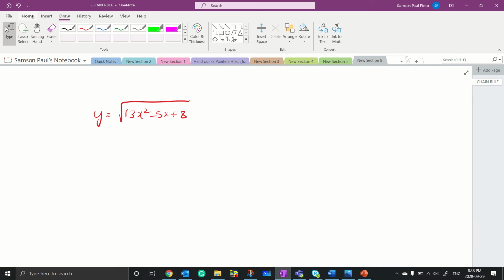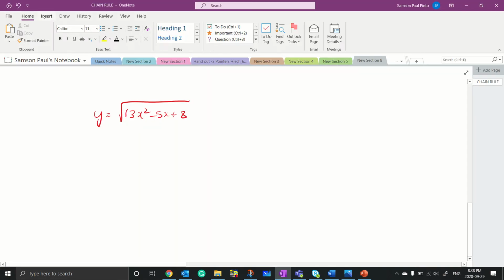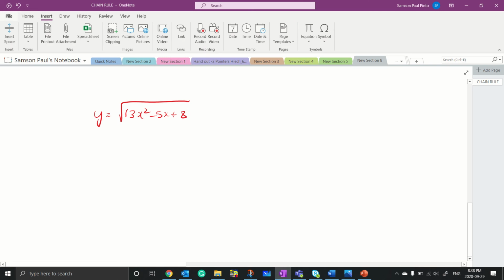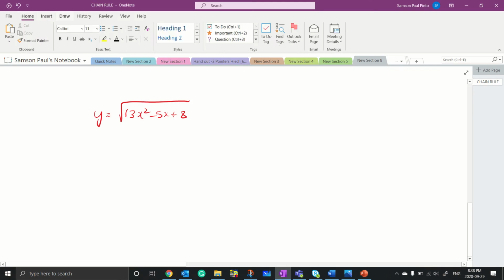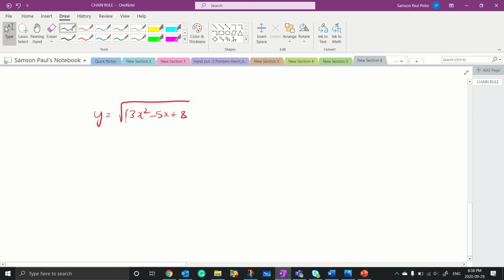So now, all these functions only contain two functions, and I have purposely given only two functions for the reason that at this stage, if you were to take more than two functions, it would be quite difficult for you to understand. So I'm going to again use a substitution here, u as 13x square minus 5x plus 8, and my y will be nothing but root u.